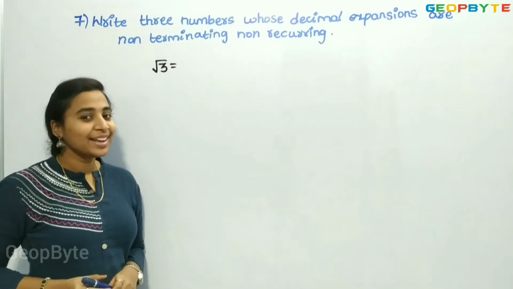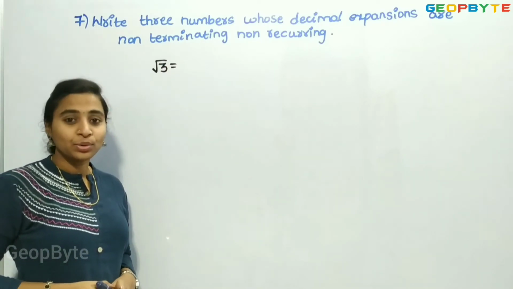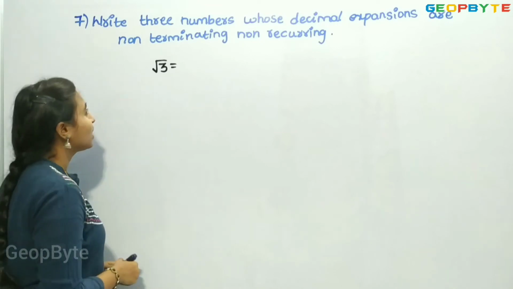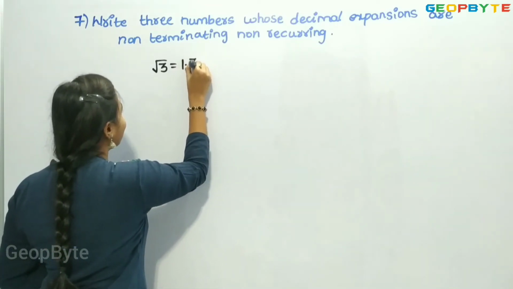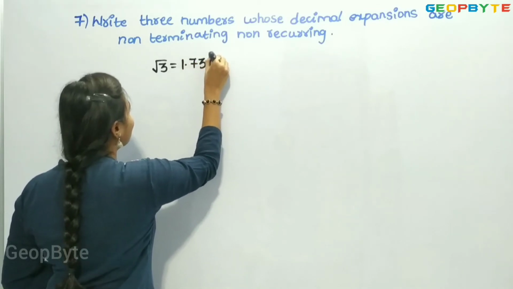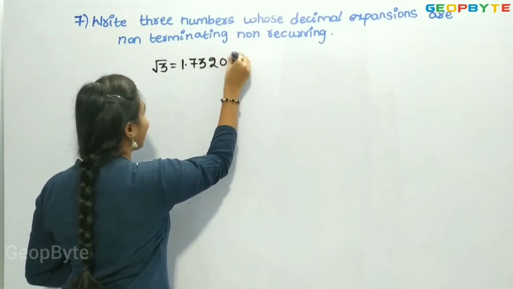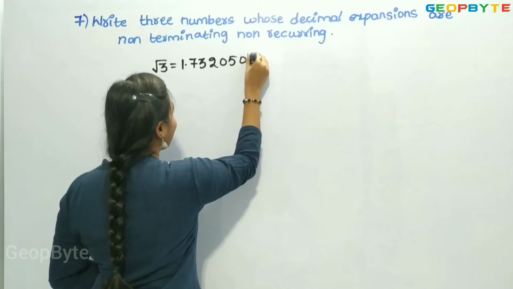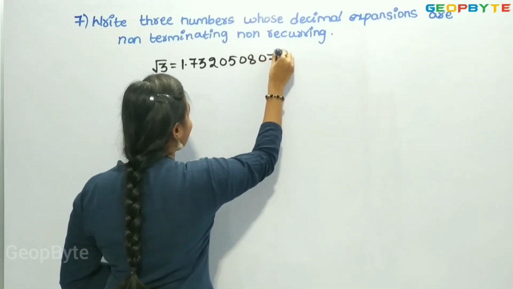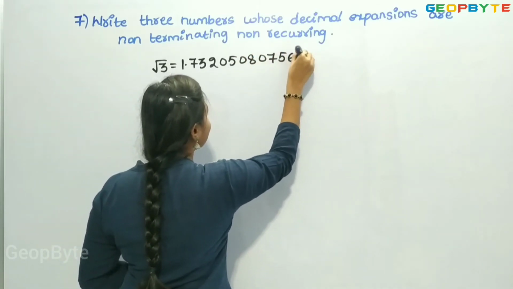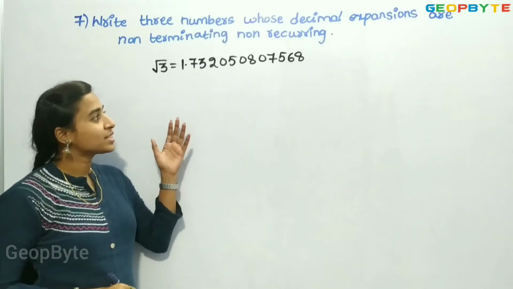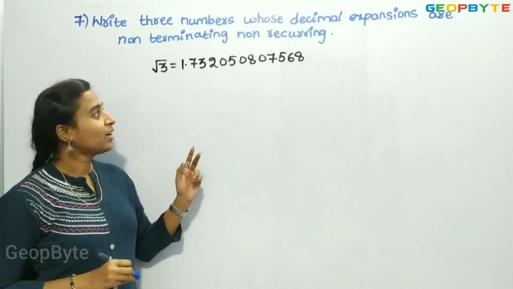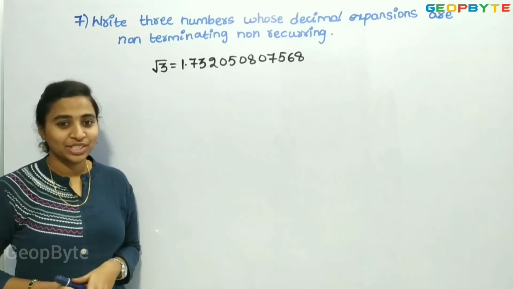Root 3 is an irrational number. So, the decimal expansion of root 3 is 1.732050807568. So, this is a non-terminating, non-recurring decimal expansion.